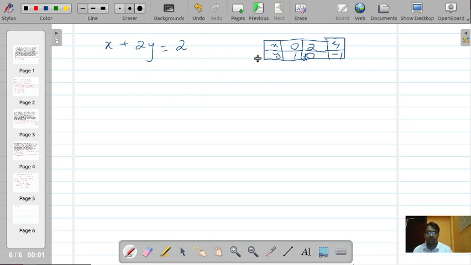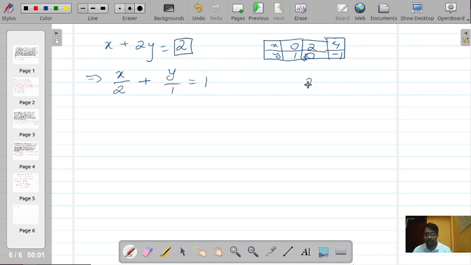it's a long and unnecessary way of doing it, because we already know how we can convert this equation to the intercept form. You divide both sides by the constant term. So what you get is x by 2 plus y by 1 is equal to 1.